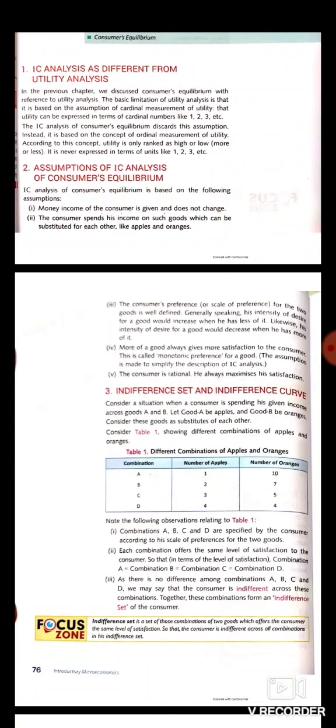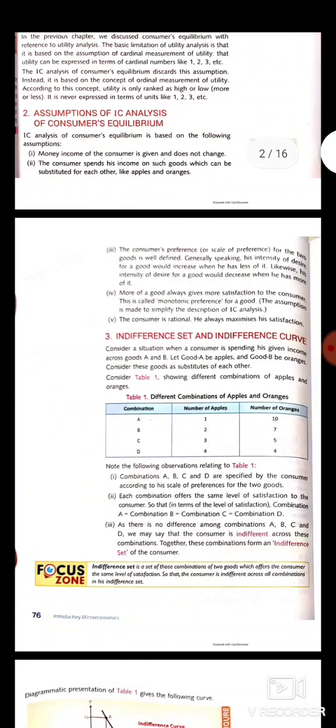Next is indifference set and indifference curve. So what is the meaning of indifference set? It refers to a tabular presentation of various combinations of two goods that provide the consumer the same utility. Like it is clear from table 1.